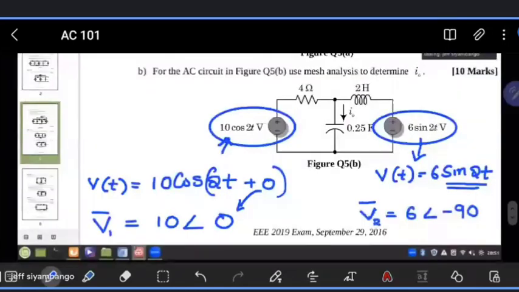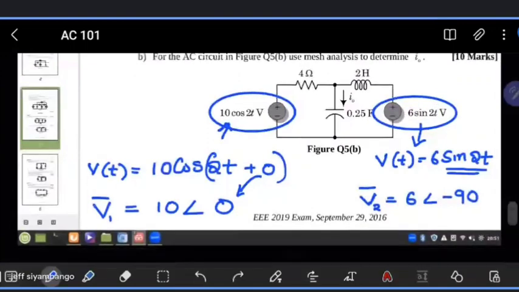Based on that, this one, which has the same shape, the only difference being the 2t here and perhaps the 6 here, will be shifted by the same angle, which is 270 or negative 90. By using that shortcut, she was able to predict this without going through all the math. So this is going to be the phasor form of this expression. Are we okay there? Okay, I'm guessing we are fine up to this point.